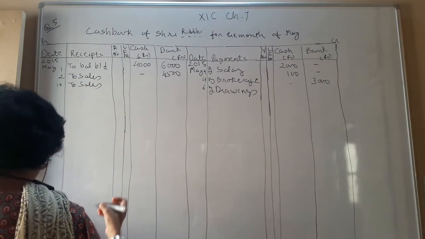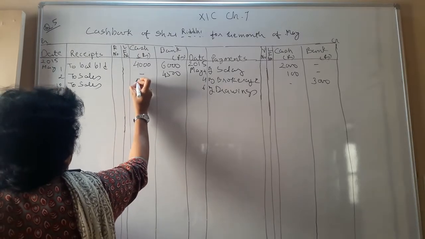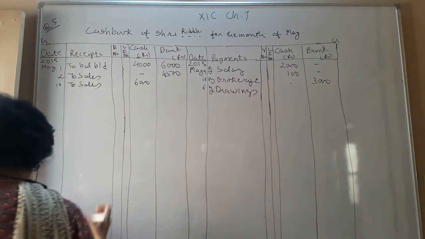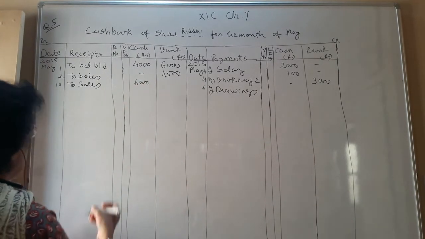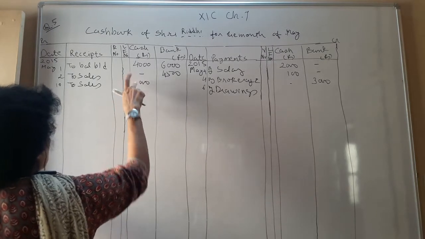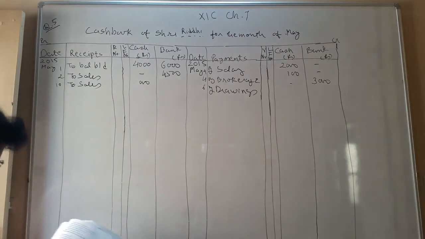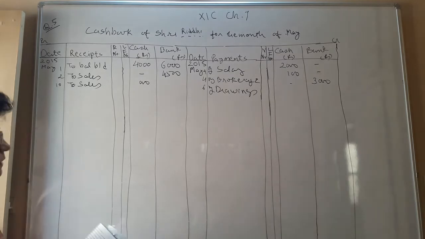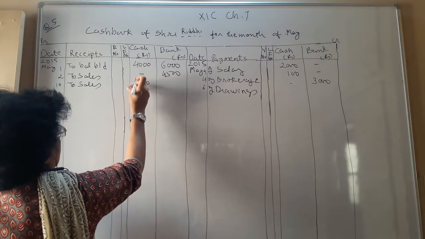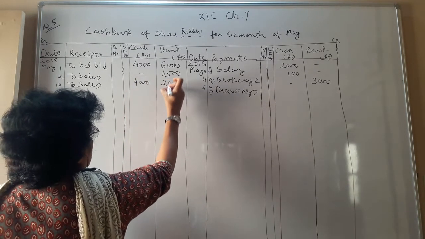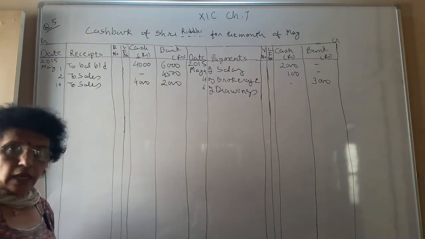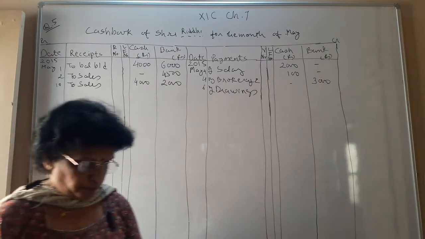Total goods we have sold of 6,000. Out of that 4,000 we have received in cash, and the remaining 2,000 we have received by check.